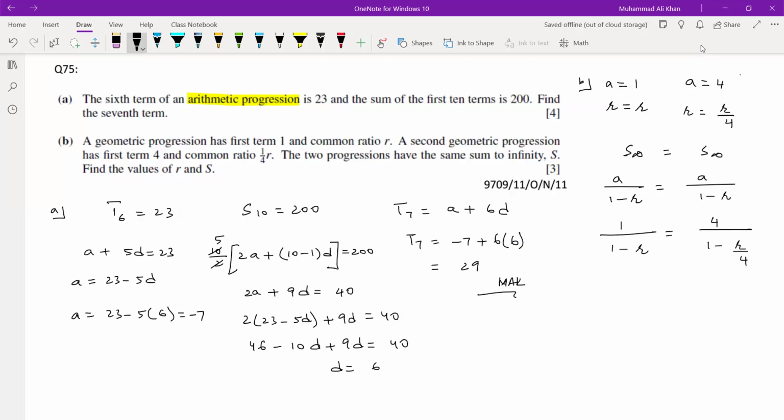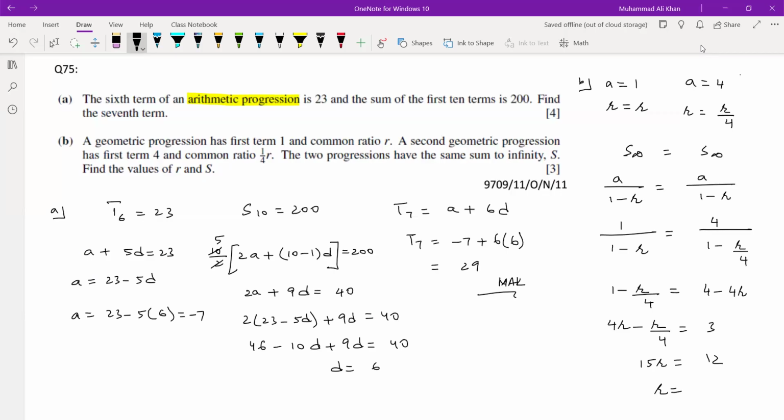So now, cross multiplication: 1 minus R upon 4 equals, cross multiplication, 4 minus 4R. So now it will be 4R minus R upon 4 equals 4 minus 1, which is 3. By taking LCM, 15R equals 12. The value of R is 12 upon 15.